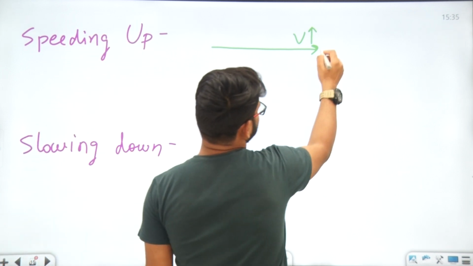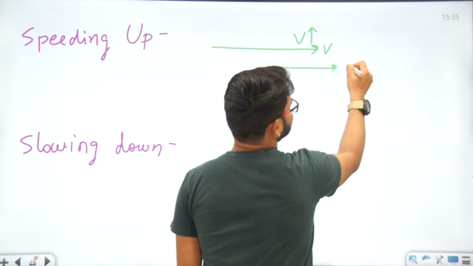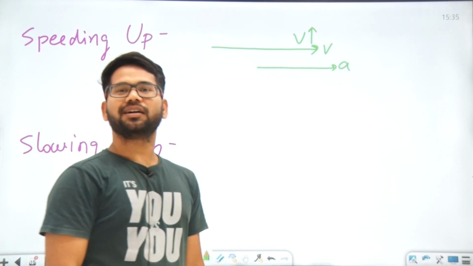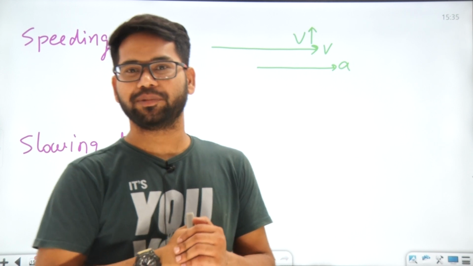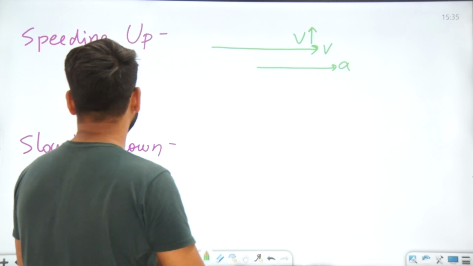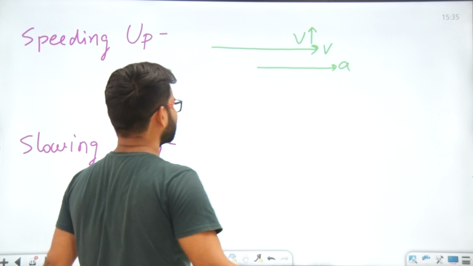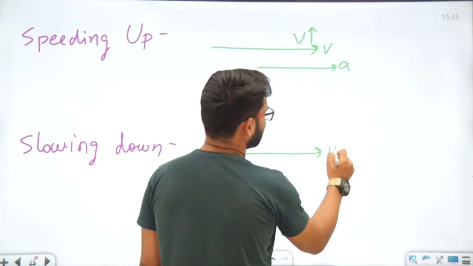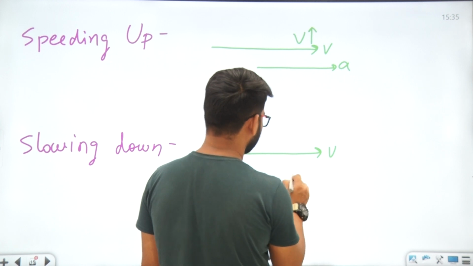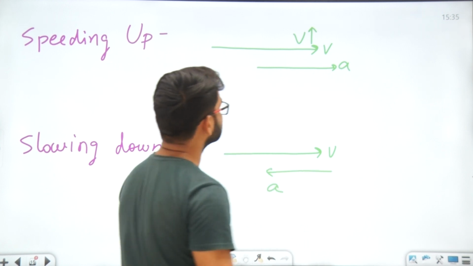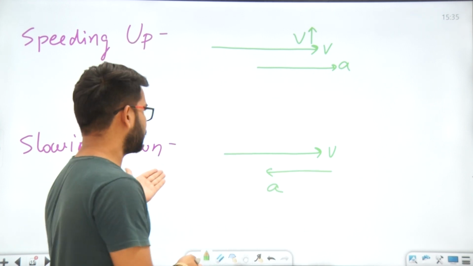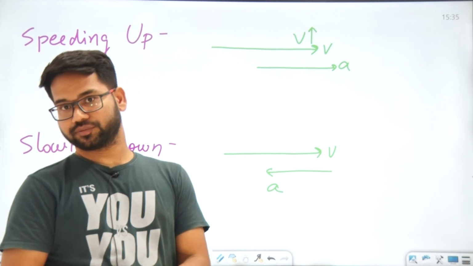So in this situation, to speed up, acceleration is supposed to be in the same direction as velocity. The second situation is slowing down. In this case, acceleration will be in the opposite direction to velocity. This is the case of slowing down.